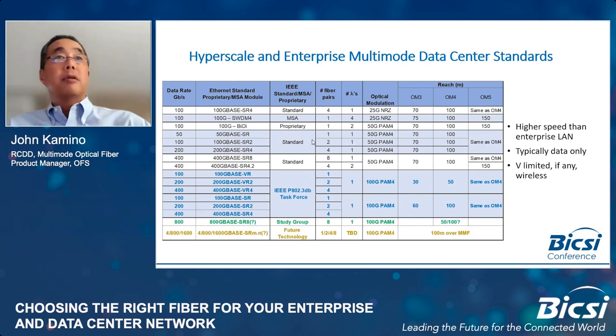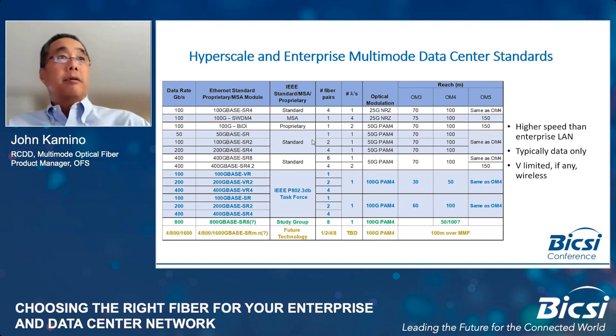So it's the first wavelength division multiplexing application for multimode fiber. You'll also note that it supports a 150 meter link distance over OM5 and only 100 meters over OM4. So it takes advantage of that additional bandwidth capability that OM5 gives you out at those longer wavelength regions.